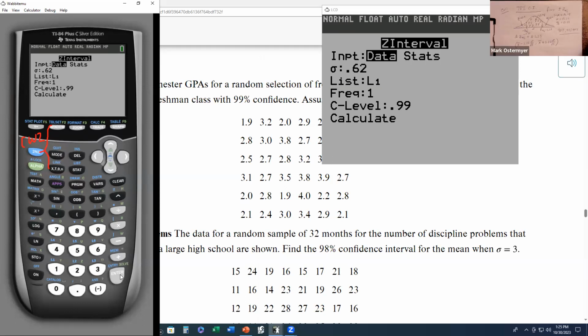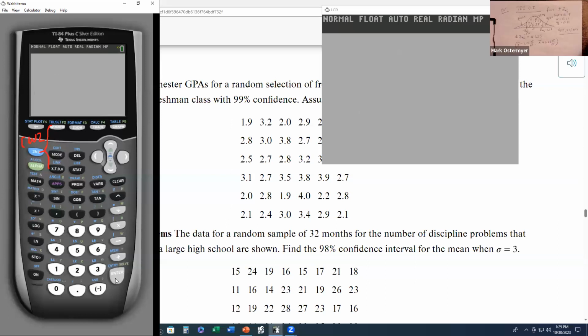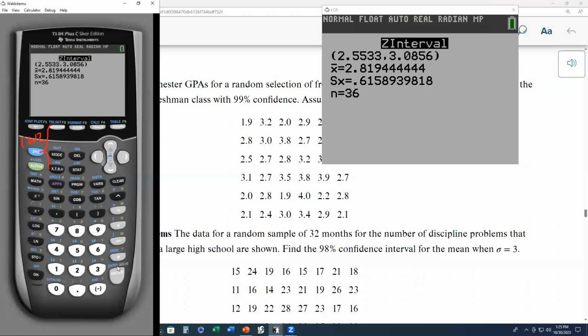List one, you got to have the name of the list that contains your data, and my list is list one. Frequency level is 1. That means every data point has an equal weight of 1. Level of confidence is 0.99, a 99% confidence interval, and just calculate. That's it. Just hit enter, and that would be your interval. Okay, that is your 99% confidence interval for the population mean.